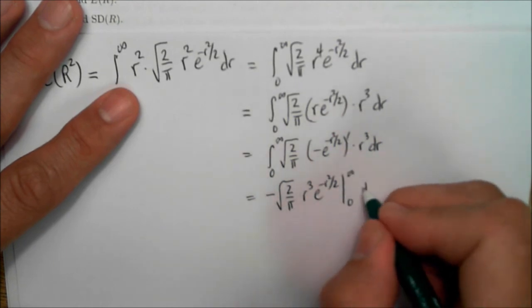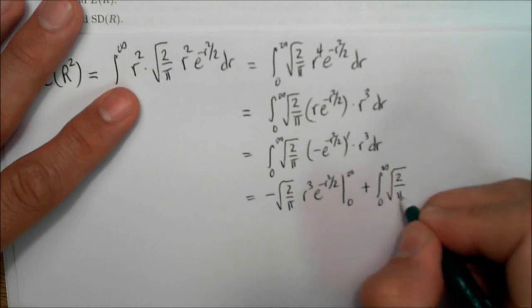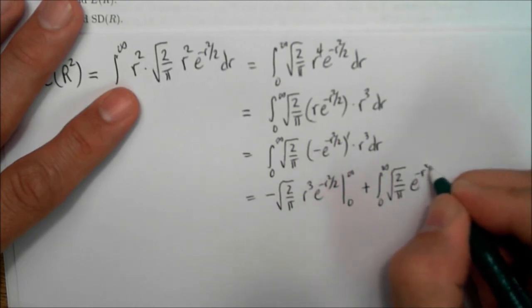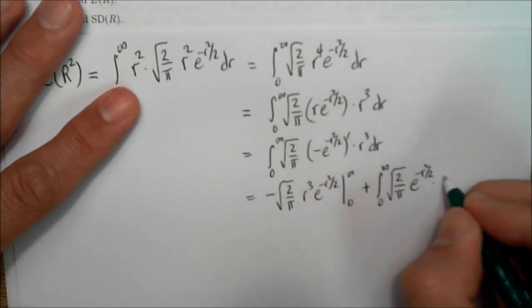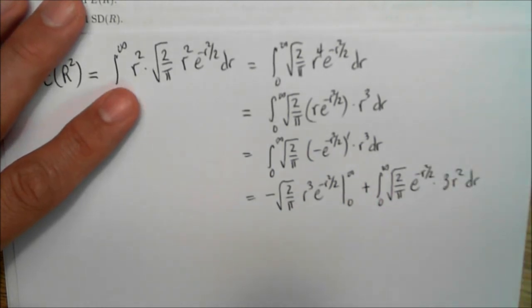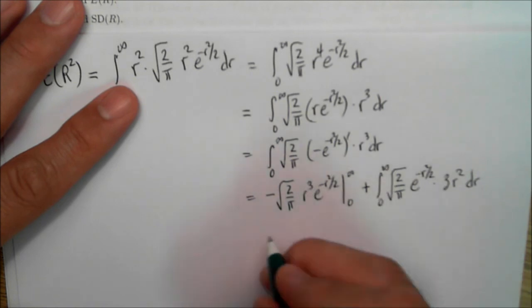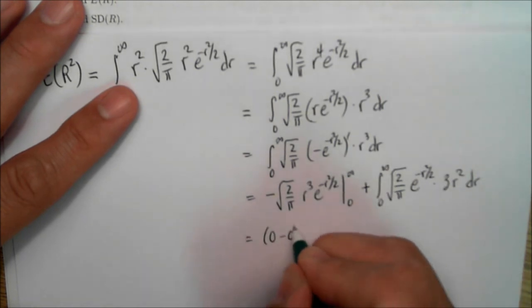Then minus a minus becomes plus, integral from 0 to infinity, square root of 2 over pi e to the minus r squared over 2 times the derivative of r cubed, 3r squared dr. Okay, so this part becomes 0 again, just like before, 0 minus 0.